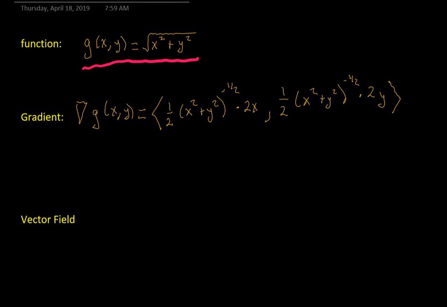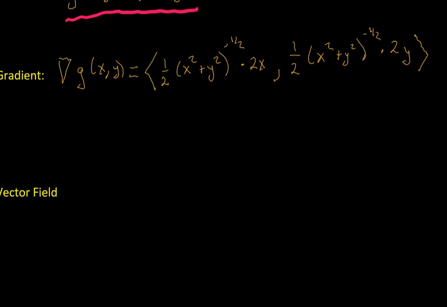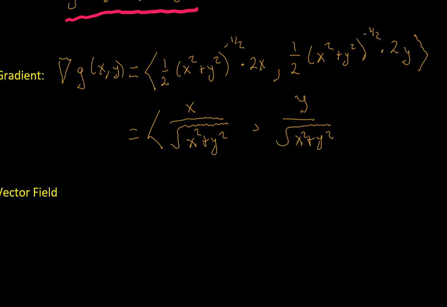But let's get rid of that negative exponent in the expression, so that gradient would become x over, and you can either write it in a square root or in a quantity, square root x squared plus y squared, comma, y over square root x squared plus y squared. And there's your two components. So this would be called the gradient, or the vector made by the partial derivatives.